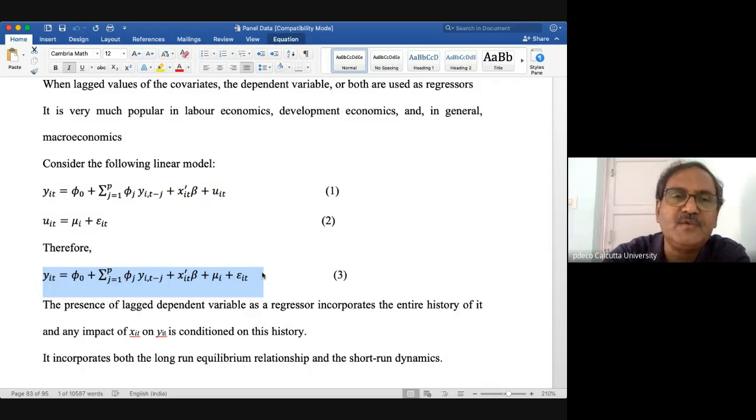Also, if you look into labor market analysis in the macro sense, not in the micro sense, in development economics in general, this kind of dynamic panel data model may be more appropriate instead of the static panel data model we have discussed earlier.